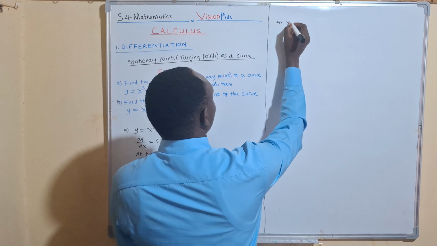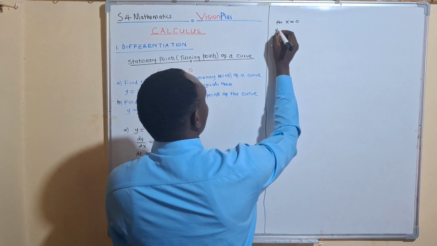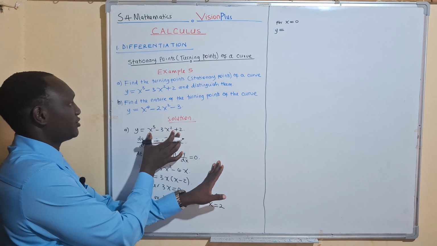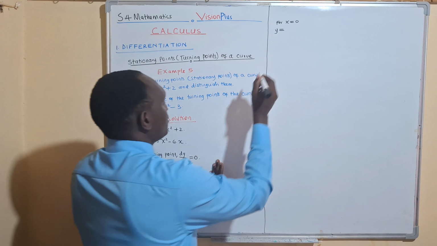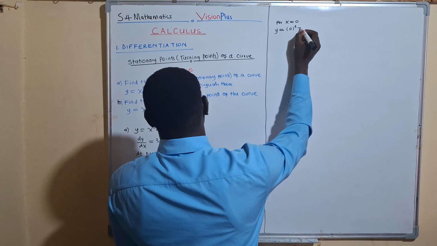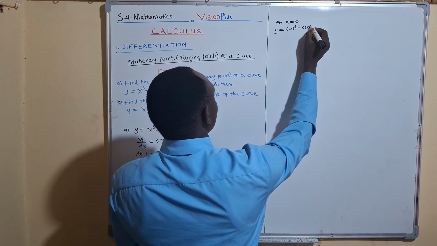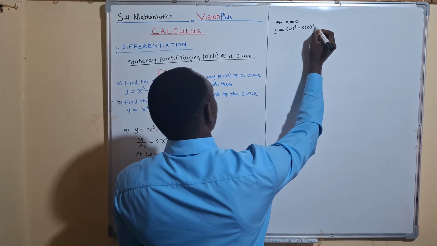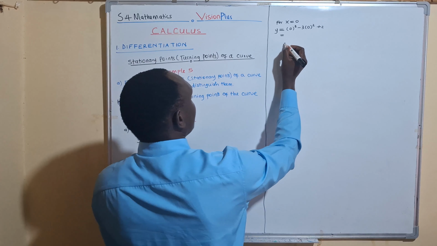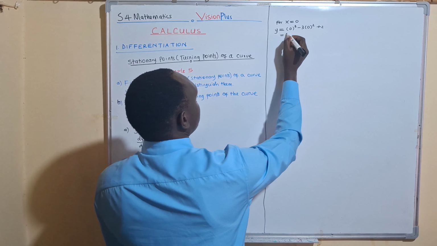So for x is 0 at the turning point, y becomes, where I find x in the function of the curve, we put 0. So we shall have 0 cubed minus 3 times 0 squared plus 2. And in this case, I'm getting 2.